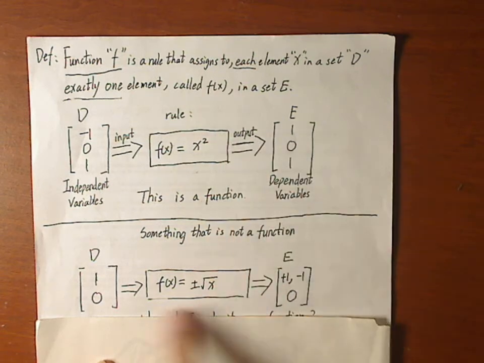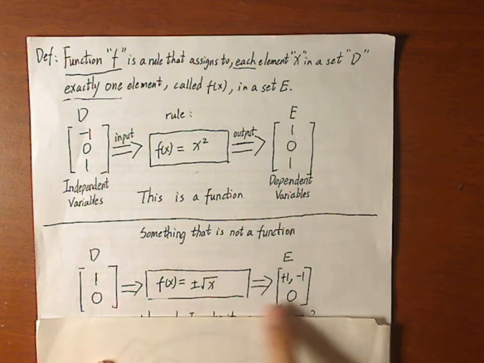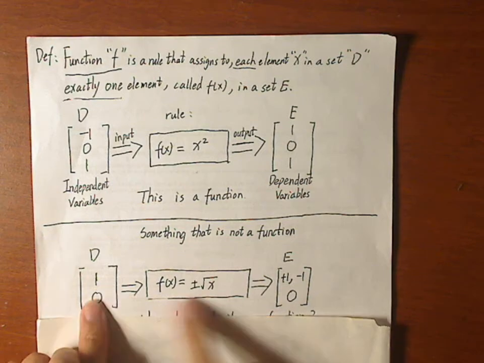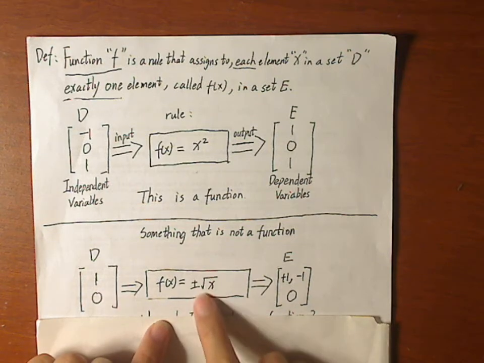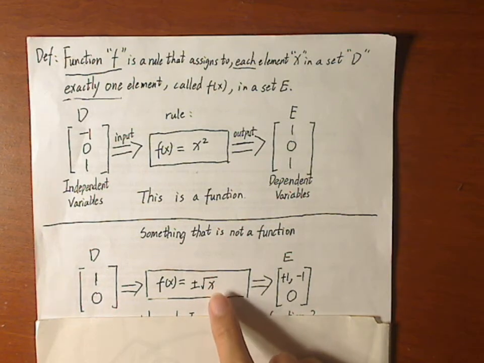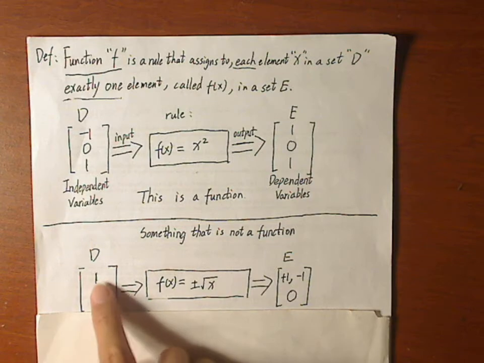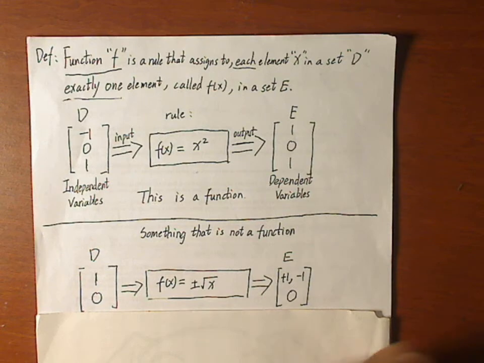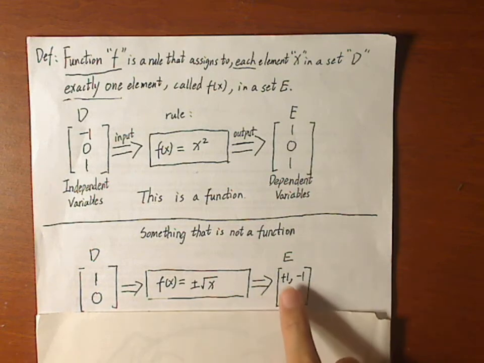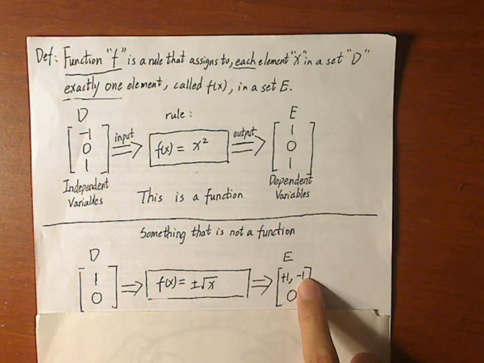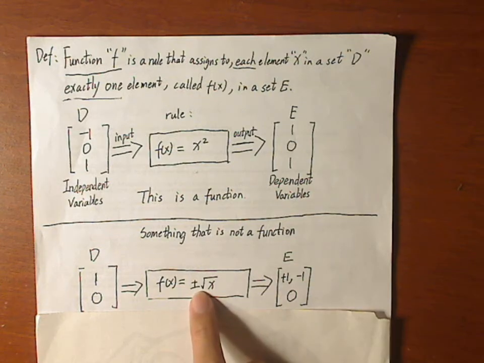So here's D, here's the rule, here's E. However, if I put 1 in here, because my rule is plus or minus the square root of x, since I have positive and negative, I get positive 1 and negative 1.